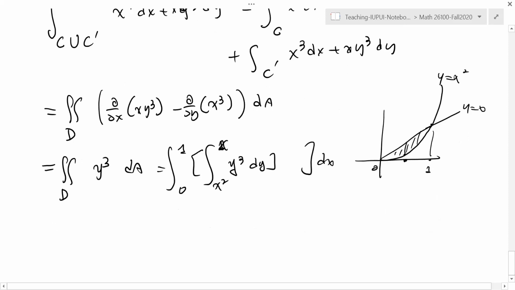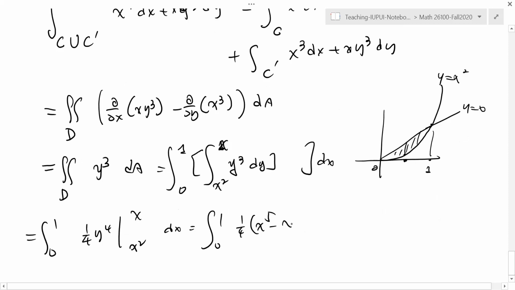Okay, so you will get the antiderivative here, evaluated at the endpoints: x to the fourth minus x squared to the fourth power, which is x to the eighth, dx.